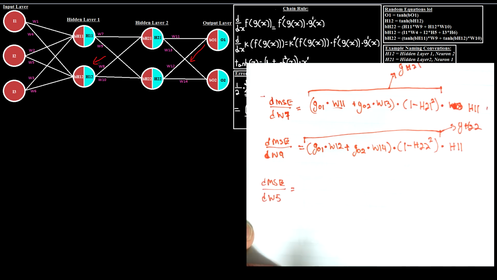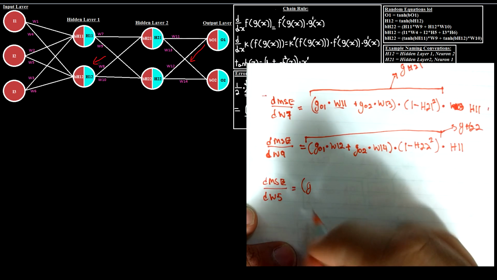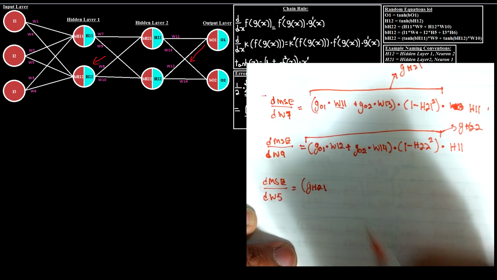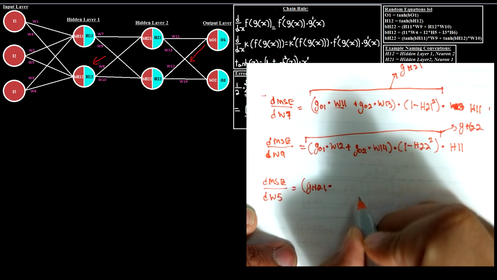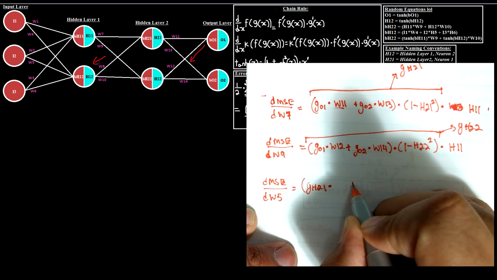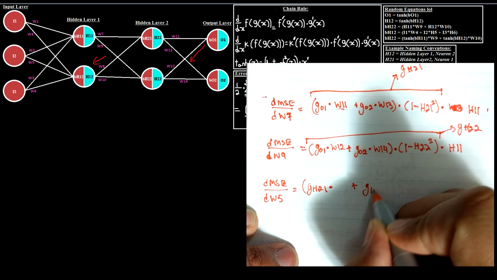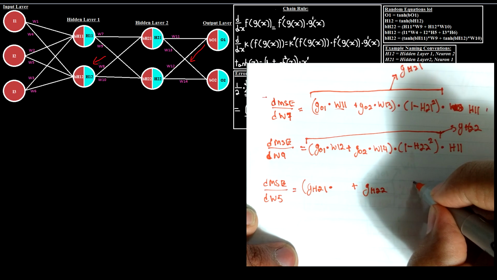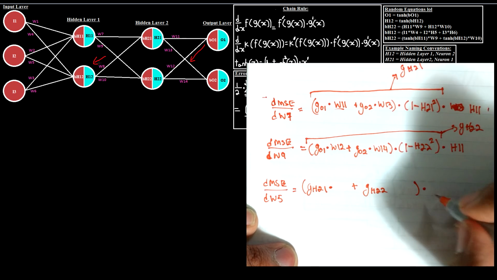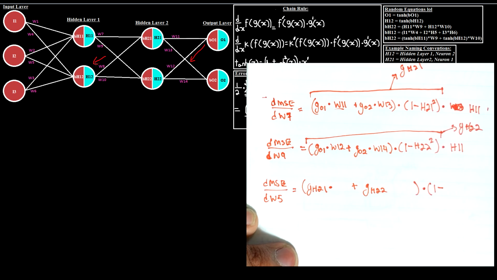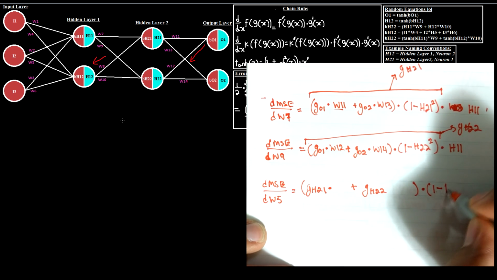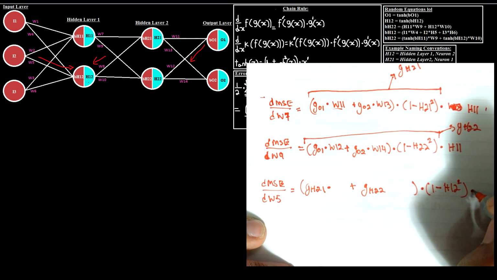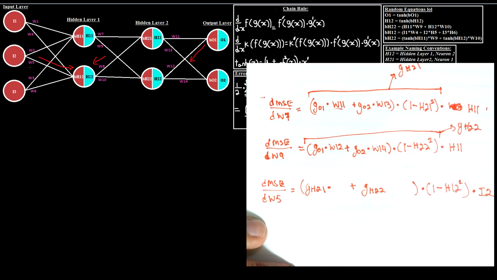The derivative of mean squared error with respect to weight 5 would actually end up being the gamma of H21, times some value, we'll worry about that later, plus the gamma of H22, times 1 minus H12 squared, multiplied by I2, because I2 is the connection in the previous layer.